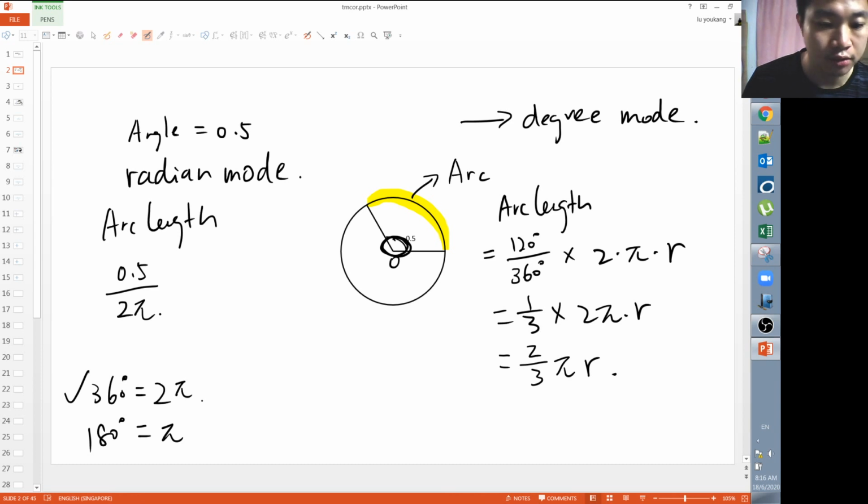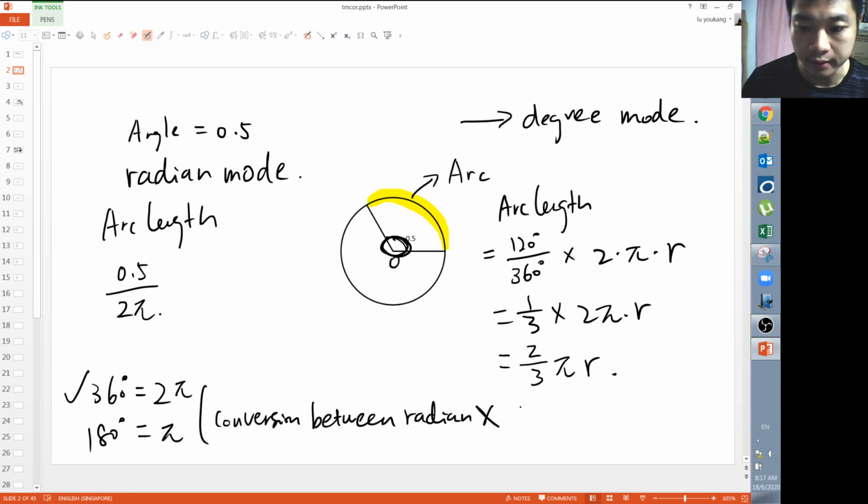So this is the conversion between radian and degree, when it comes to the value of the angle. That's how you convert.